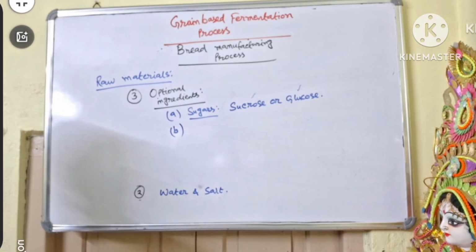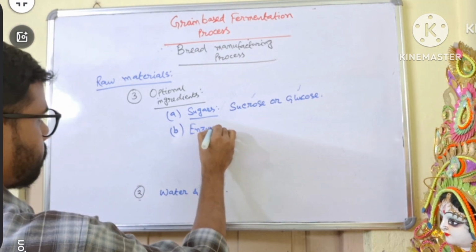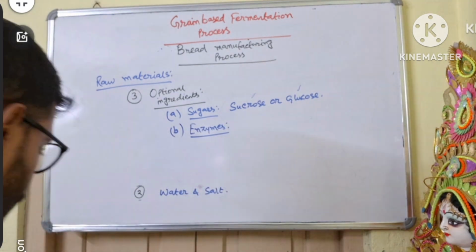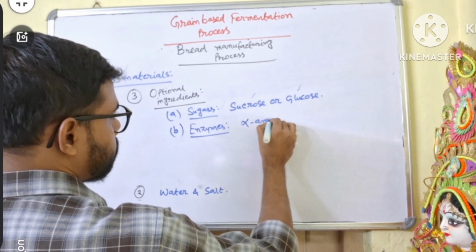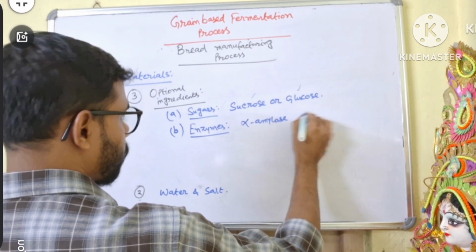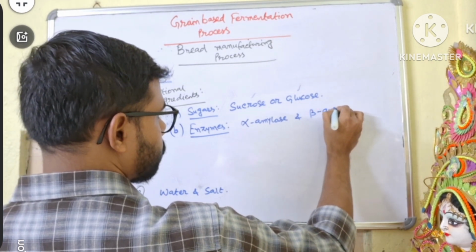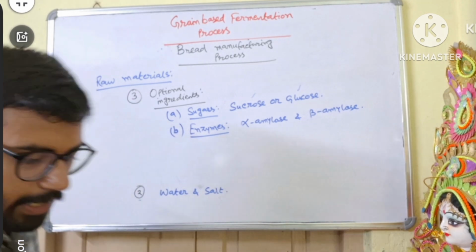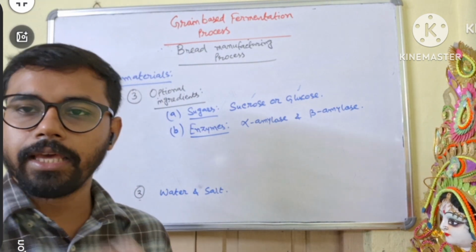Number two, enzymes. Enzymes are also added: alpha amylase as well as beta amylase can be added into the dough, because the reason is the same.